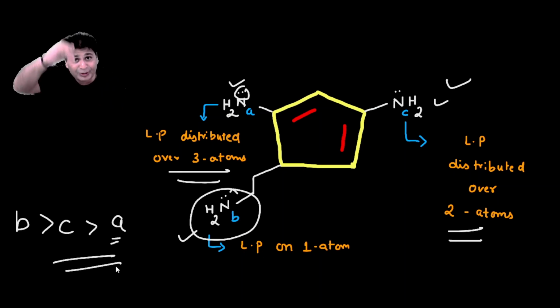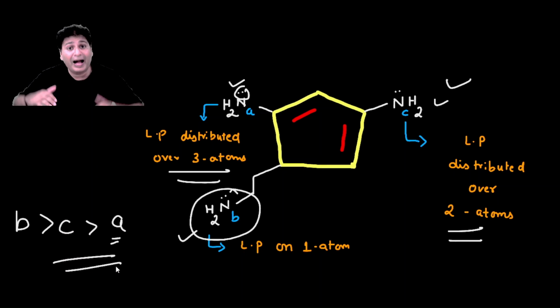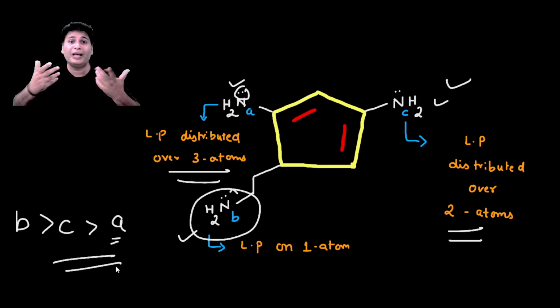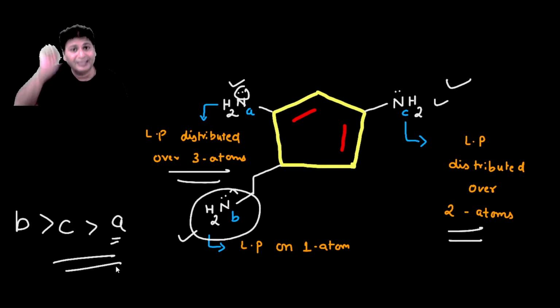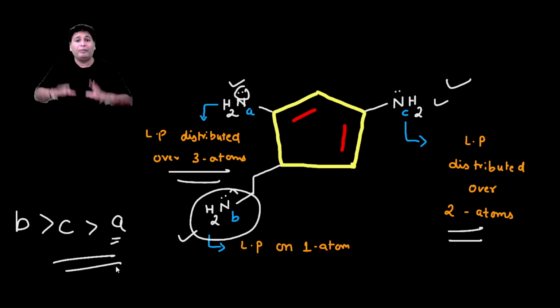So availability is going to be lesser. That is how you have to think. And if there are fewer friends, then obviously a single friend, a single buddy, is going to get a higher share of that football. So more availability of the football will be there with that particular buddy. So that is how you have to think about the basicity of nitrogen.